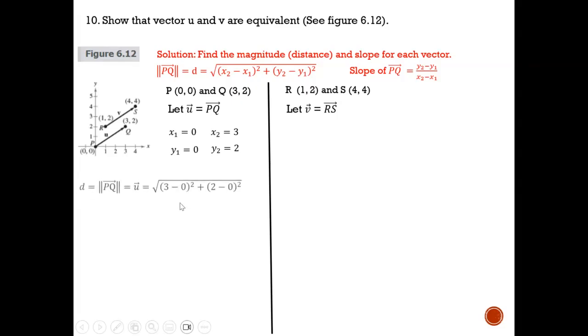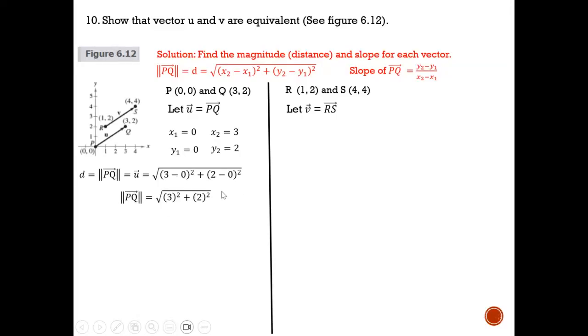So plug them into the formula for the distance. It will be the square root of 3 minus 0 squared plus 2 minus 0 squared. It's going to give us the square root of 9 plus 4, the square root of 13. So the magnitude or the distance, vector PQ, which is equal to vector U, is equal to the square root of 13.